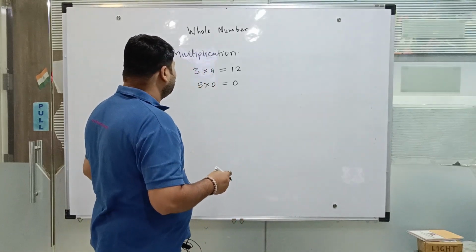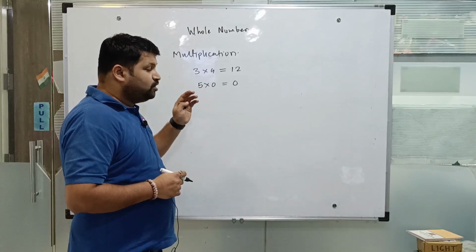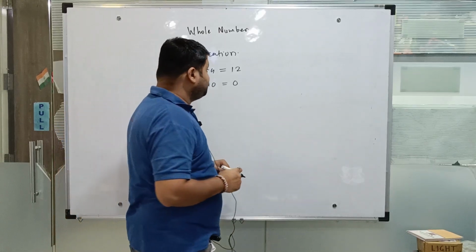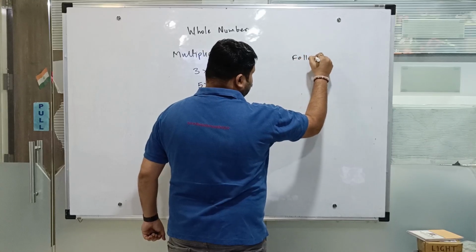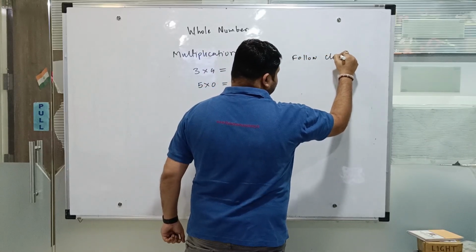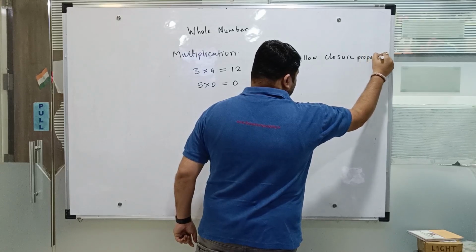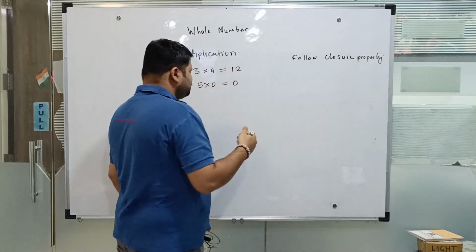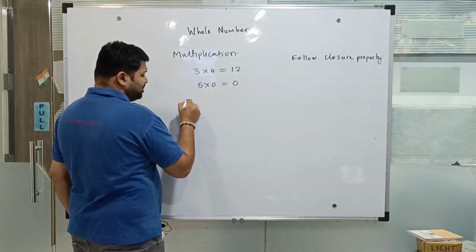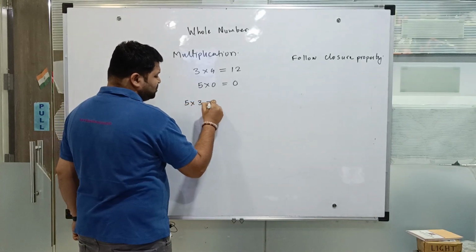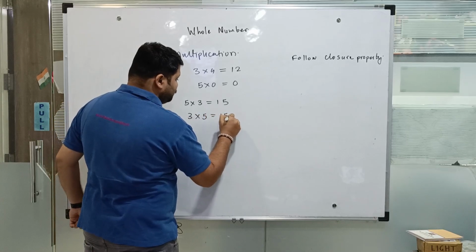So we can say that multiplication follows closure property. Now what happens if we change the order? Again, it doesn't matter at all. 5 multiplied by 3 is 15 and 3 multiplied by 5 is 15 as well.